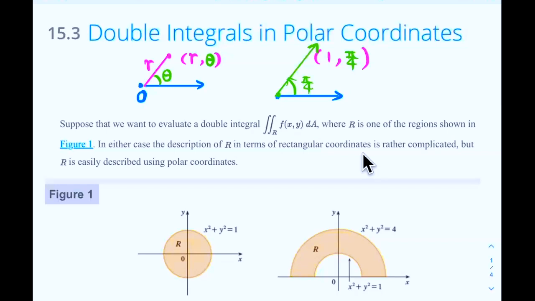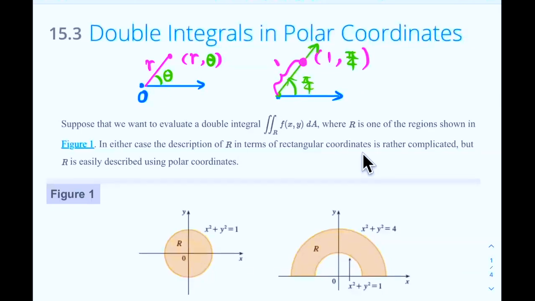Then you measure 1, and you can locate this point. That's how you locate a point in polar coordinates.